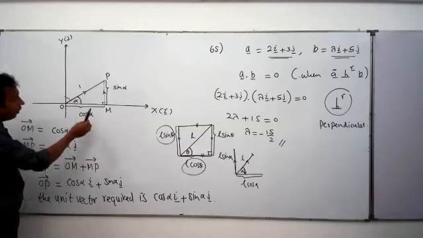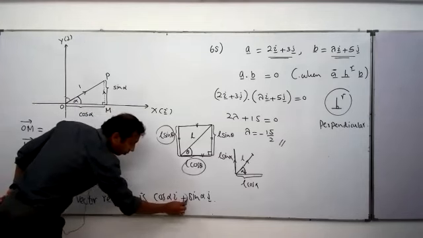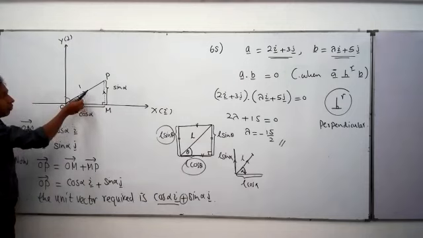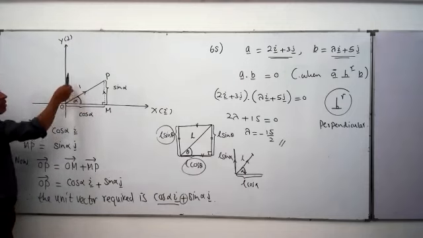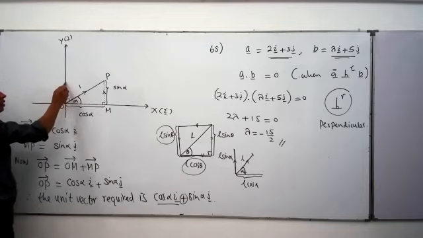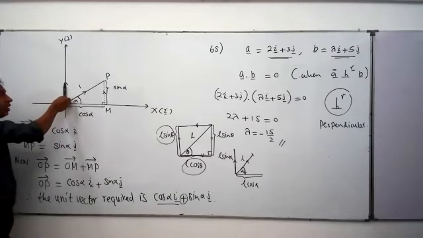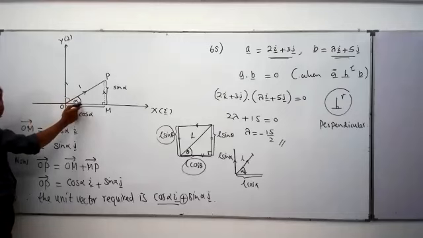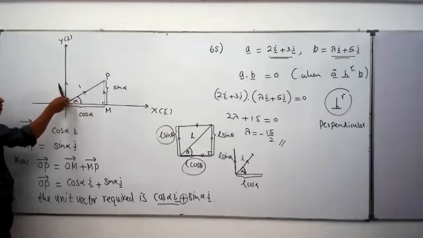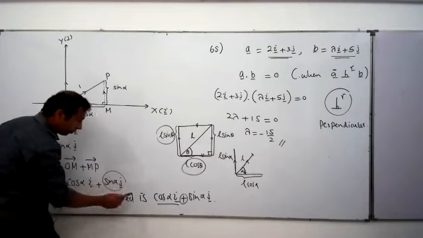Cos alpha, no? Then i cos alpha. Put plus sign to this OP. The nearest y-axis is this positive y-axis. Along that direction, unit vector is j. Once I bring that here, angle is alpha, but we turn on the other side this way. Then what is that? j sin alpha.